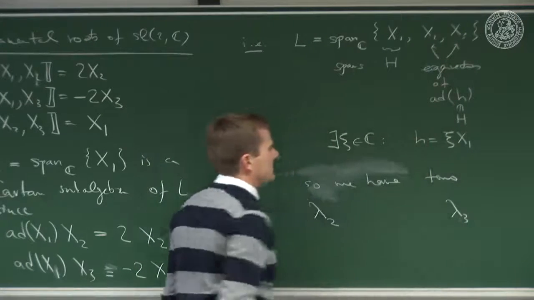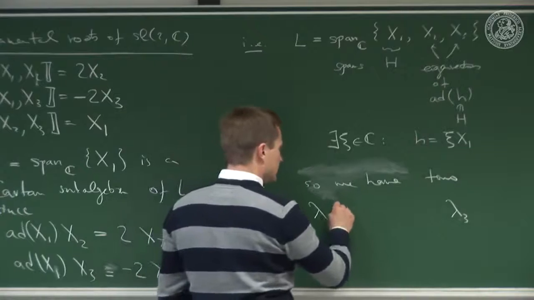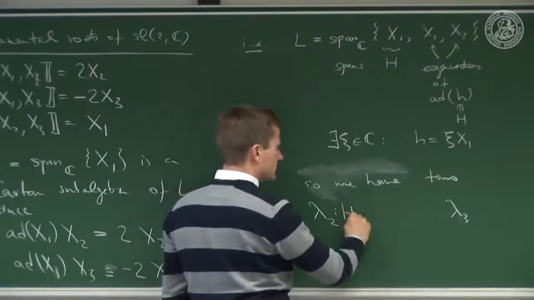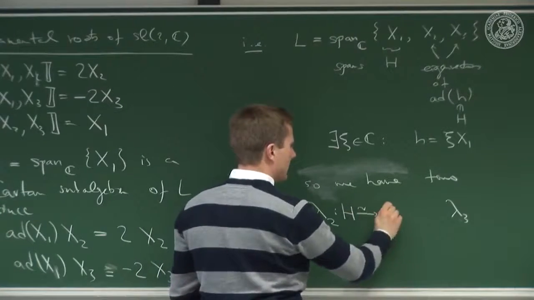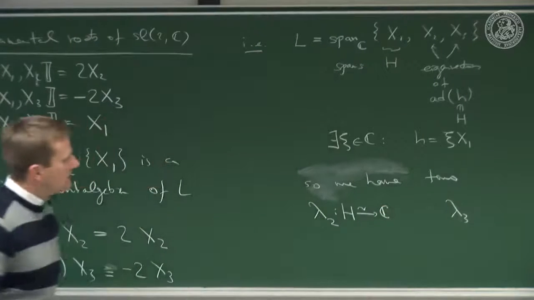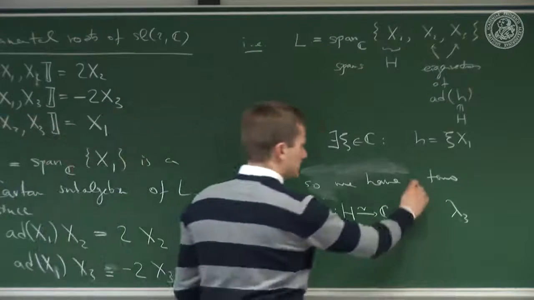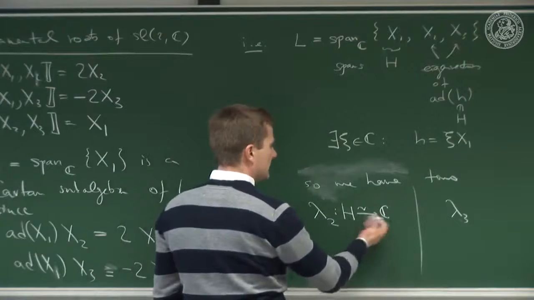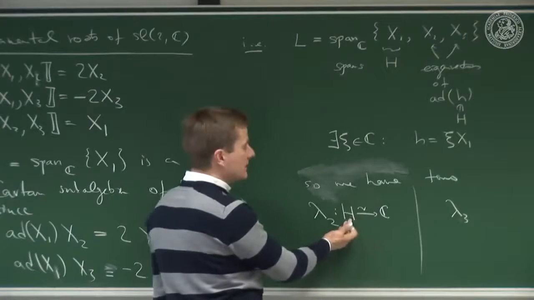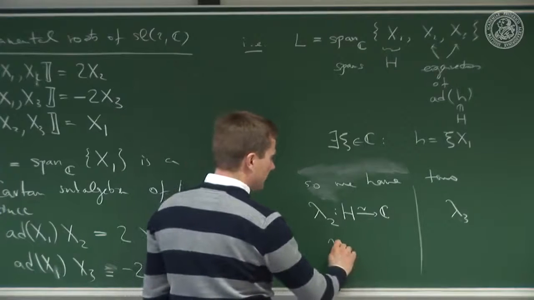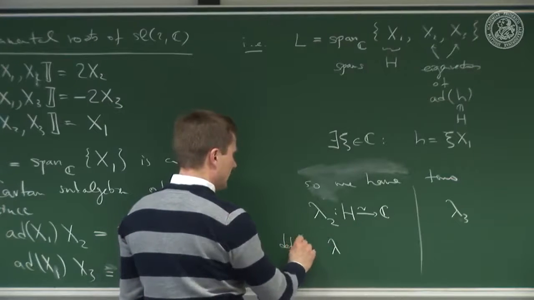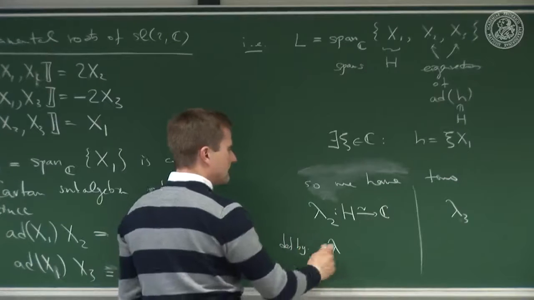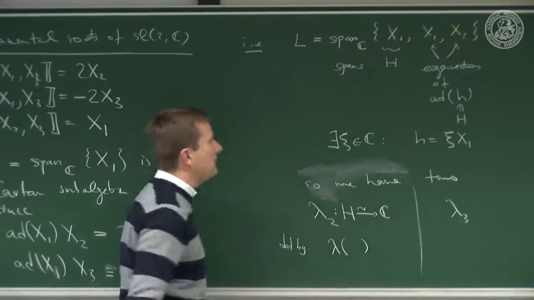Now we stick here with this labeling, but the key point is that each of these is a linear functional, so they linearly map the elements of the Cartan subalgebra into C. And of course, a linear map defined on a one-dimensional vector space is fully defined, like any linear map, by its action on a basis.